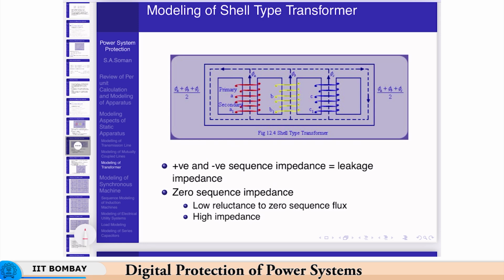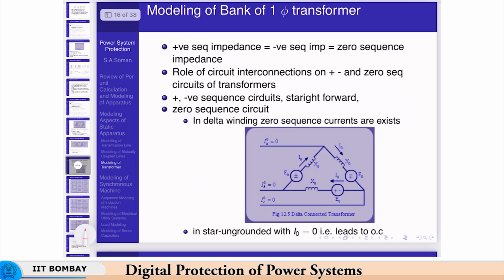Here the difference is that there is a path for the zero sequence flux through the outer limbs, and hence there is a low reluctance to the zero sequence flux, and hence the flux is high. So, the zero sequence impedance will also be high, at times considered equal to the positive and negative sequence impedances also. If the exact value is not given, you can consider that.